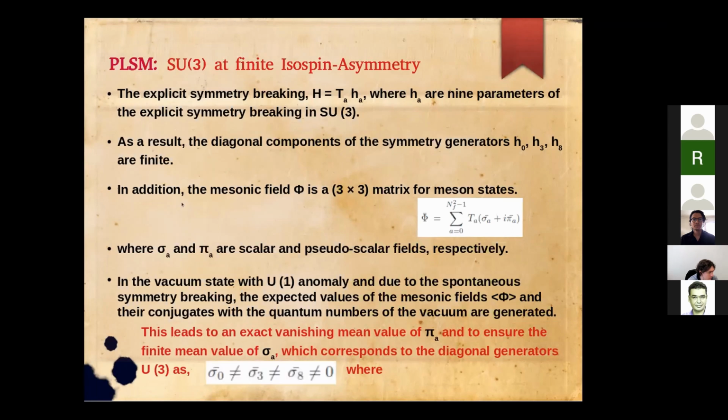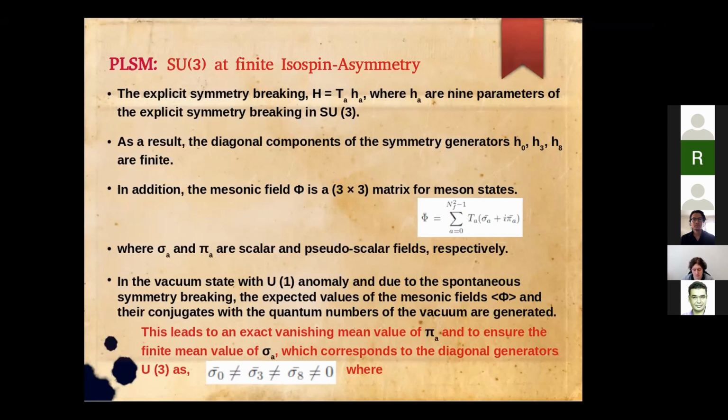In addition to the mesonic field phi as a 3 times 3 matrix, we have the mesonic states, where sigma_a and pi_a are the scalar and pseudoscalar fields. This leads to an exactly vanishing mean value of pi_a, and to ensure that the mean values of sigma_a, corresponding to the diagonal generators of U(3), sigma 0, are not equal to sigma 3, not equal to sigma 8.